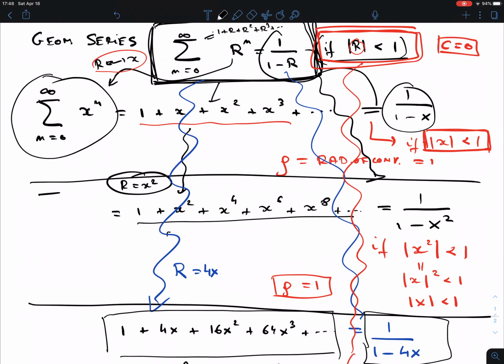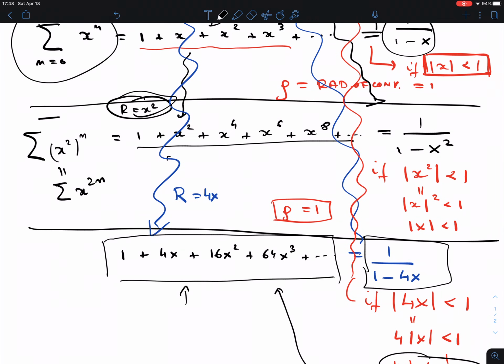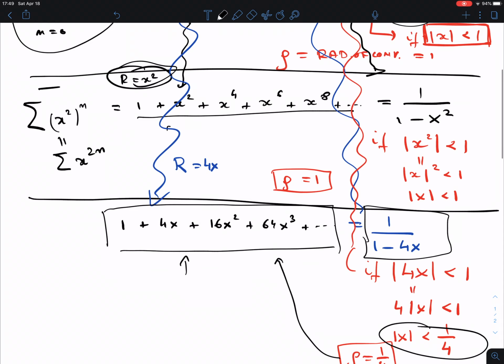Now notice I have not used my sigma notation anymore, but I can do this equally well. Summation, remember in this case we replace r by x squared, so it is x squared to the power n, which I could simplify as sum x to the 2n. Okay, so this is now the sigma notation for the same series. So what's the sigma notation for this one? Well, replace r by 4x. So we have 4x to the power n.